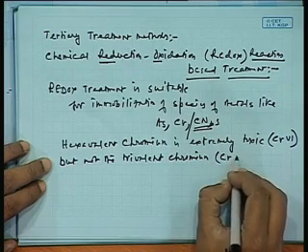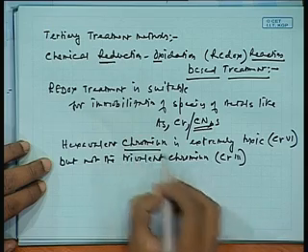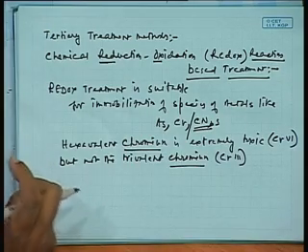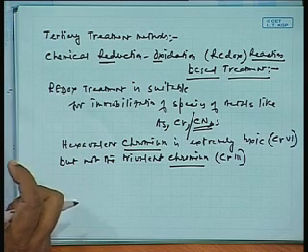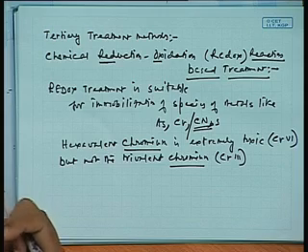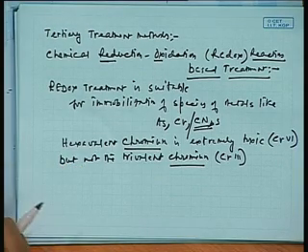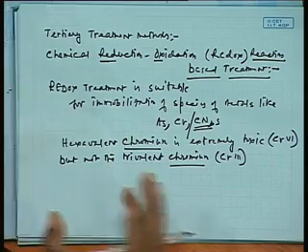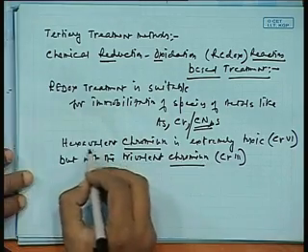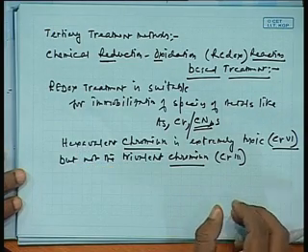This is Cr3. This is what is called species, when the same metallic ions undergo changes in valency. They will have different valencies, like iron, ferrous ion and ferric ion. So hexavalent chromium is toxic, but not trivalent chromium.